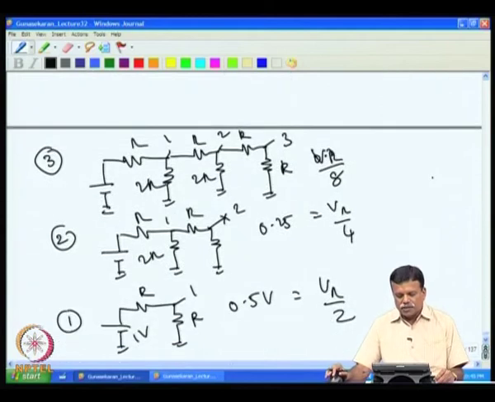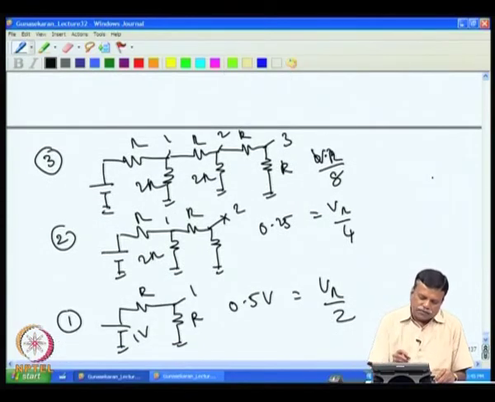Now, this is a very interesting property that at any given point, the total resistance on to my right and on to my left are equal. If I see this side, it is having a resistance R, and if I see this side, the total resistance will be R. That is true at any point.